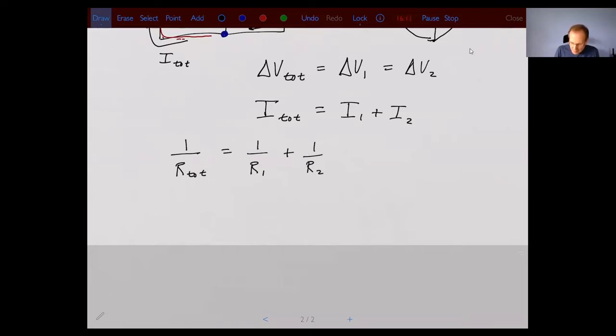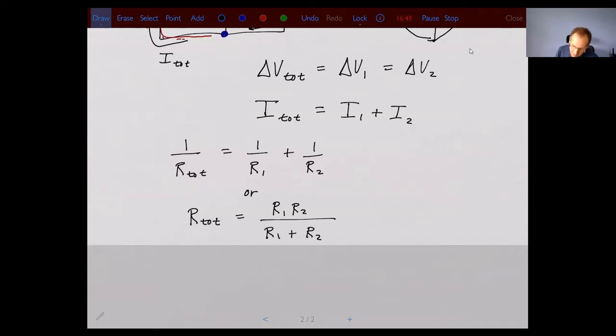And now if you do a little bit of algebra, if I multiply both sides by the lowest common denominator, which is R total times R1 times R2, and I solve it for R total, I can rewrite this as R total is equal to R1 times R2 divided by R1 plus R2. And that's what we're going to use to find the total resistance if I have just 2 resistors in parallel.